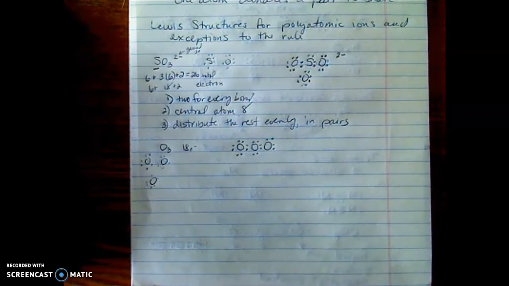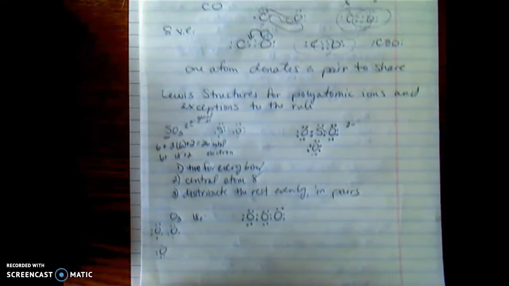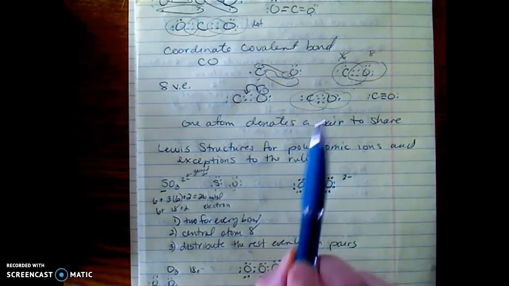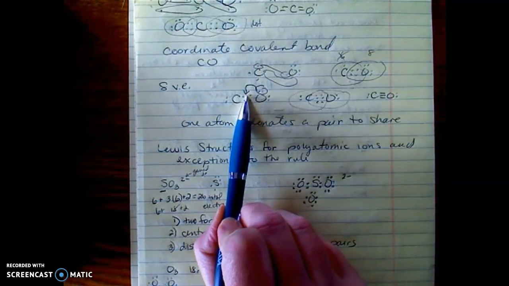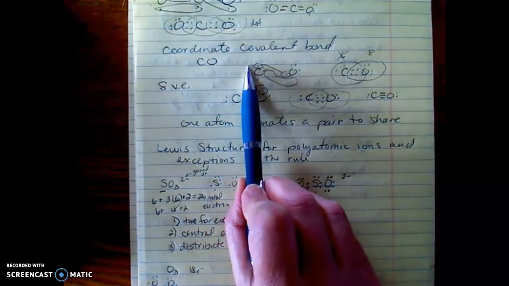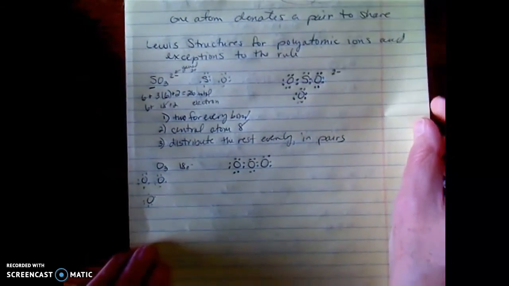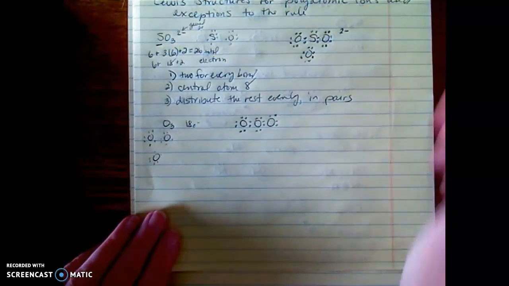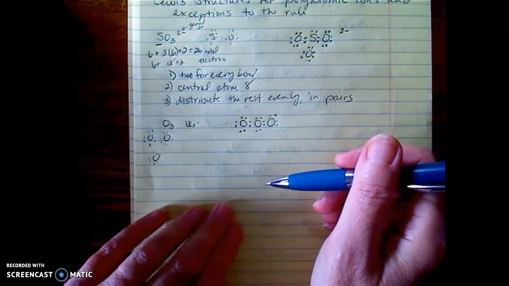That's not enough. If we go back to what we talked about in the first set of notes, when you don't have enough, a lone pair can be shared. That gives you a coordinate covalent bond. If we look closely at this, our central oxygen has unpaired electrons that it could share.